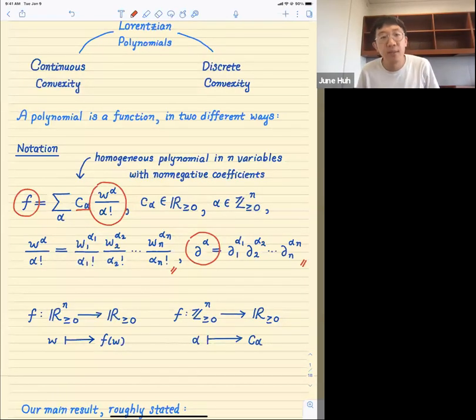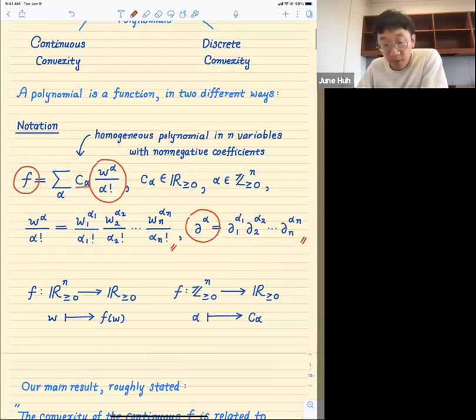Going back to the main story, here are the two different ways that you can view a polynomial as a function. For our context, it's better to focus on the non-negative parts.